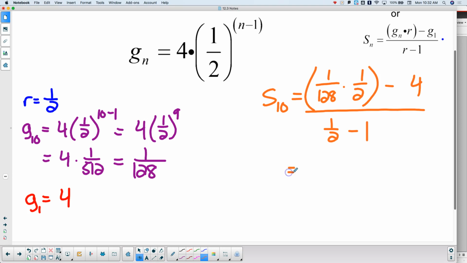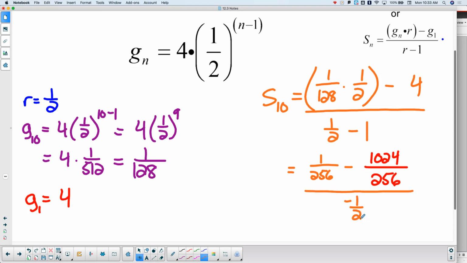So that's 1 over 256 minus 4. Now I want 4 in a denominator of 256, so that's going to be 1024. Okay.